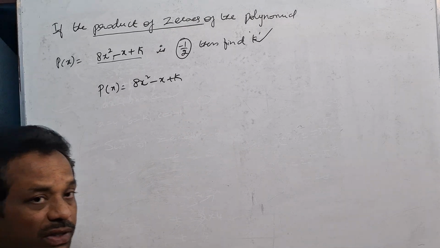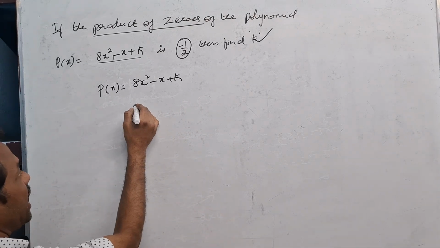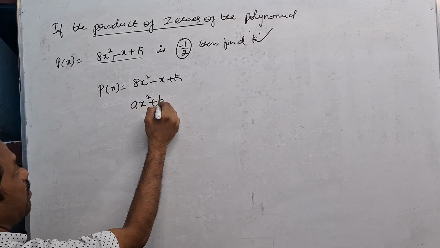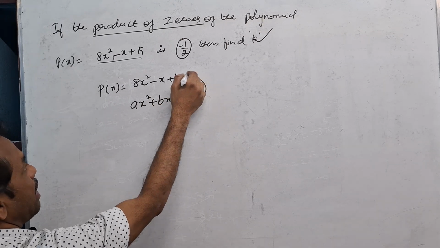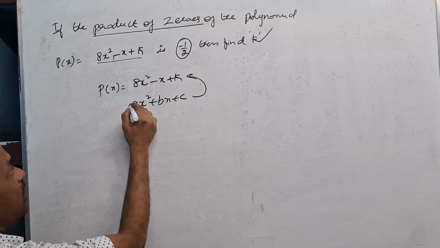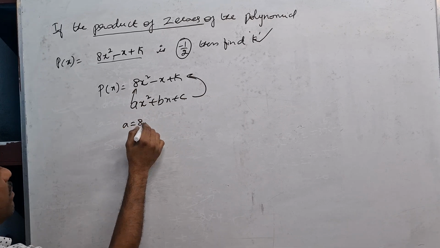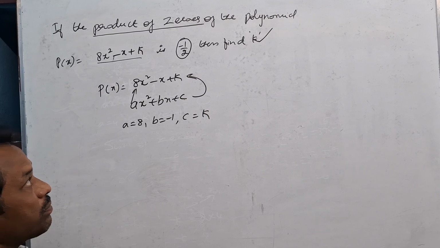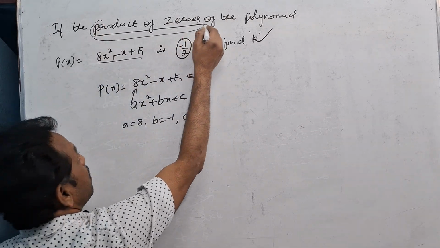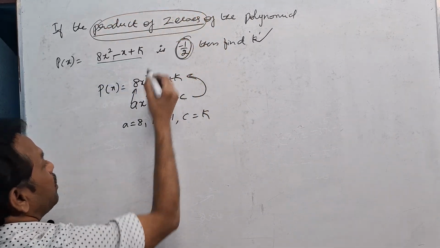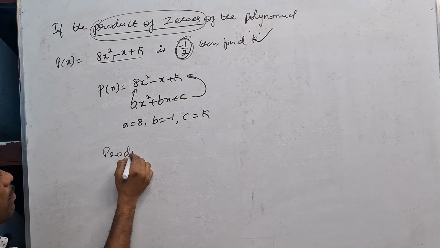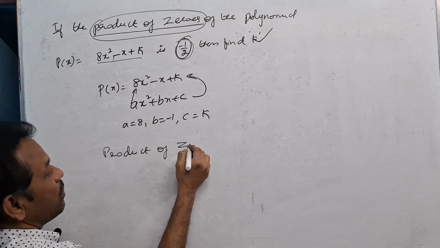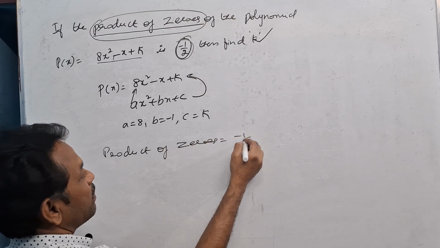Let us compare this with the standard form, ax² + bx + c. So when I compare these two polynomials, our a value will be 8, b will be -1, c equal to k. So as per the question, the product of zeros is -1/2.